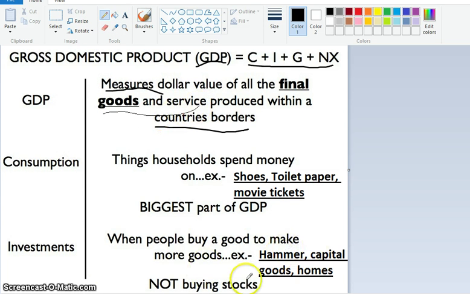But when we buy stocks, we're not getting a good or service, we're getting a piece of paper that says we own a part of some entity. All right, so stocks not counted.